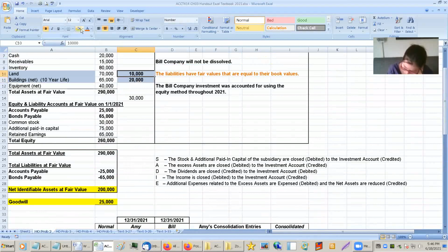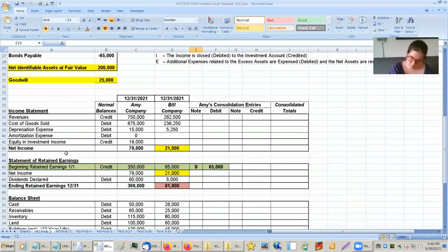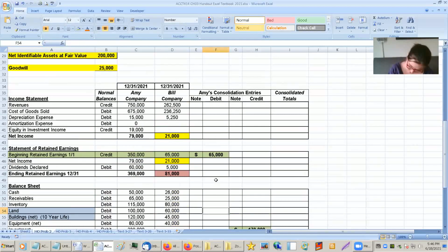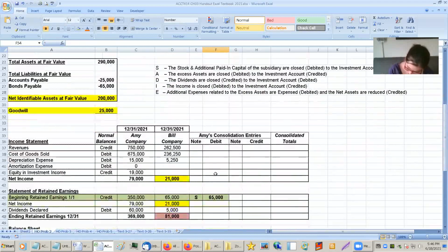Okay, so assets, kind of like what we did before, land and building. So land and building get an extra 10,000 and 20,000.